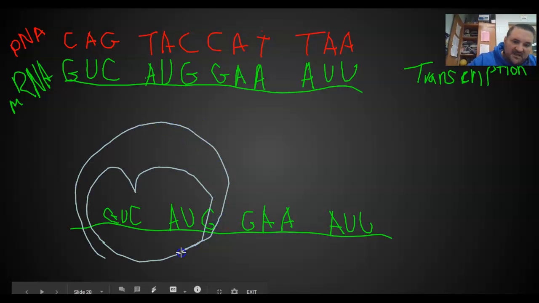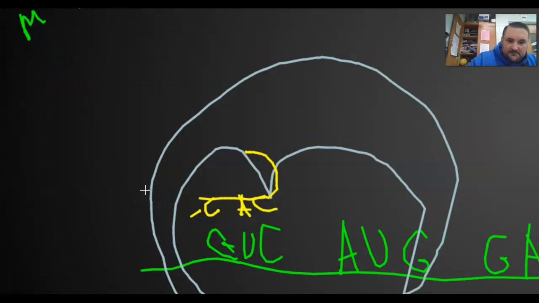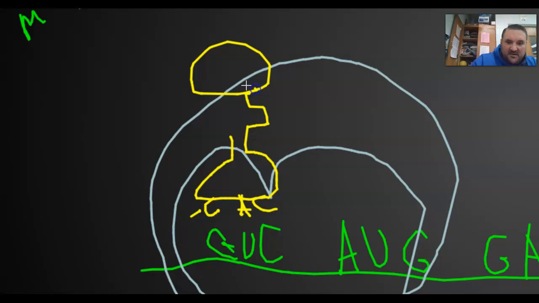And they kind of sandwich around this. Then the next thing that happens is these tRNAs are going to come in. And these tRNAs have the anticodon. So if this is G, you'll get a C, A, G. And this tRNA is carrying an amino acid.